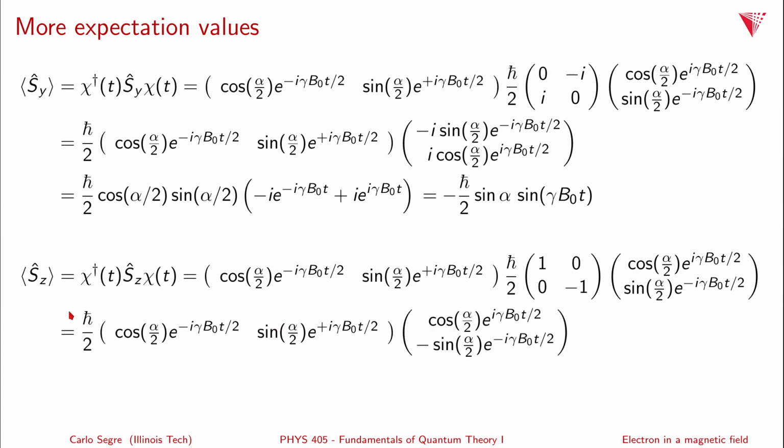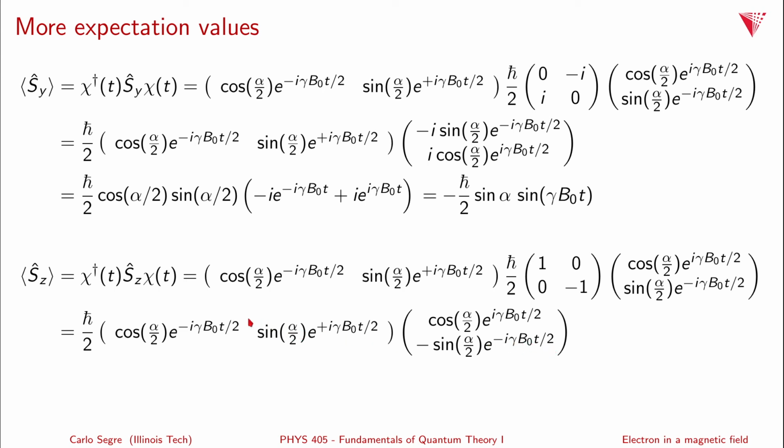And so we get h bar over 2, cosine of alpha over 2 e to the minus i gamma b sub 0 t over 2, and then sine alpha over 2 e to the plus i gamma b sub 0 t over 2. And in here we have a column vector, which is cosine alpha over 2 e to the i gamma b sub 0 t over 2, and minus sine alpha over 2 e to the minus i gamma b sub 0 t over 2.